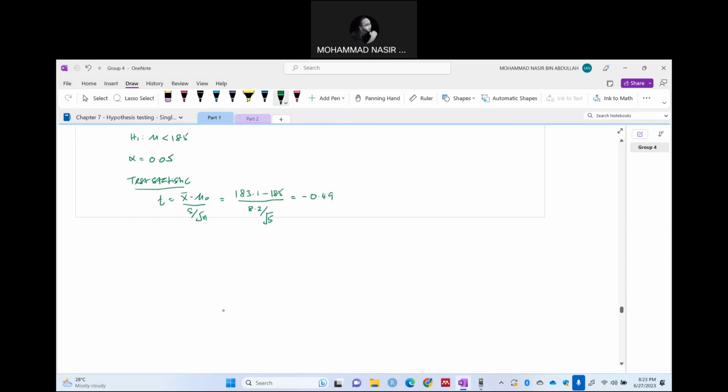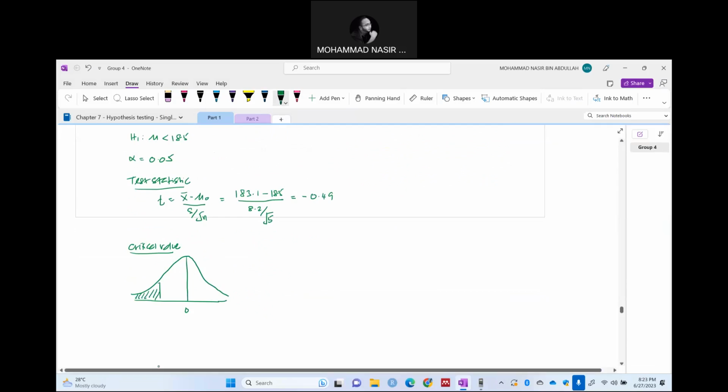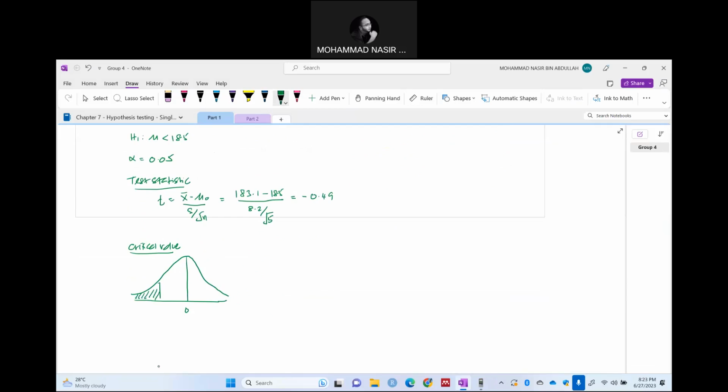Next, we need to calculate the critical value or critical region. Right? So the area that we are looking for rejection is on the left hand side. So the T distribution also looks like a normal distribution, because the T distribution comes from the standard normal distribution squared divided by the chi-square distribution.